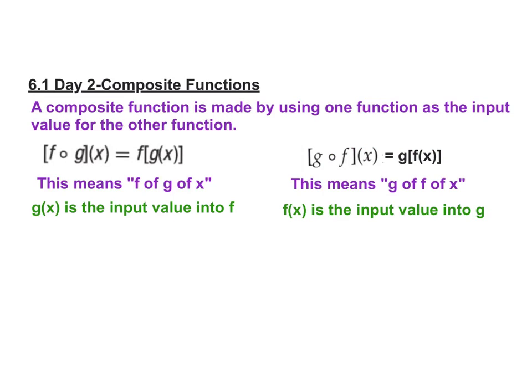Now, the other thing is it can be flipped around. You can have g of f of x, where now the input value is f. So this order really makes a difference. Over here, f comes first, so g is inserted into f.